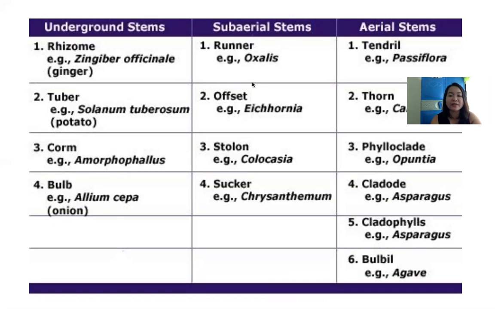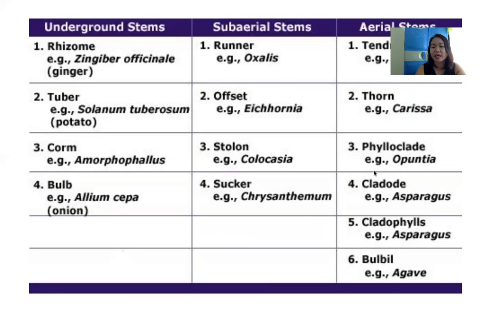For subaerial stems, we have runners like Oxalis, offset Echinodorus, stolon Colocasia, sucker chrysanthemum. For aerial stems, we have tendril for Passiflora, thorn for Carissa, phylloclade for Opuntia, cladode for Asparagus, and bulbil for agave. So those are the different terms which are very specific for a crop.